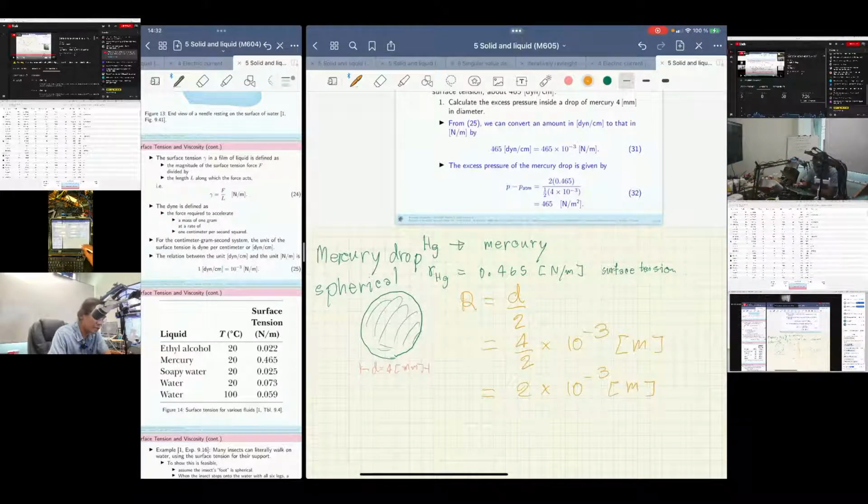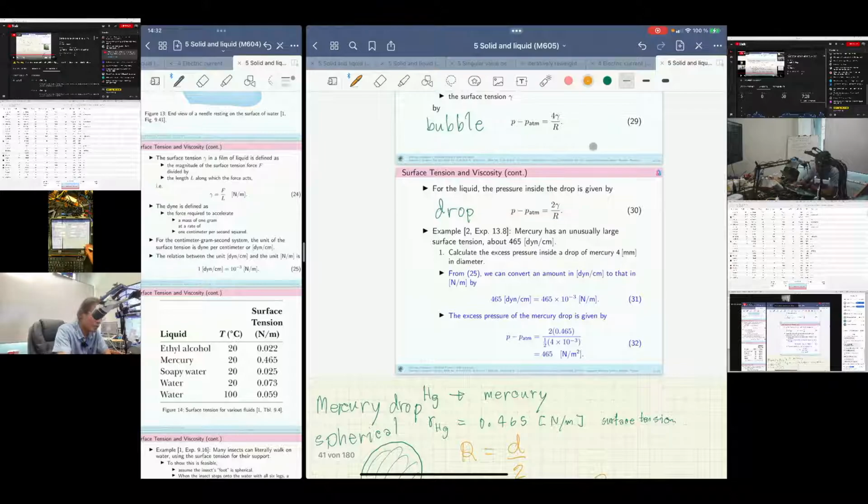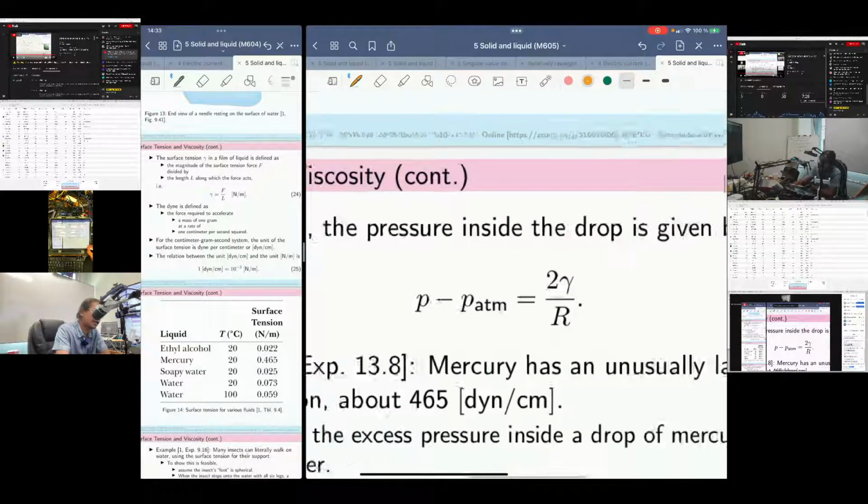That's the radius. Our target is this formula, 2 gamma by r.